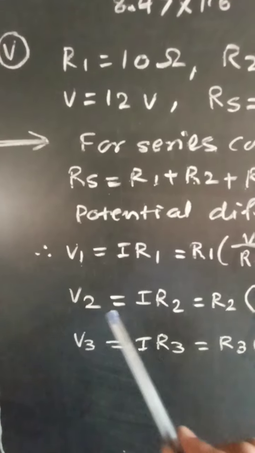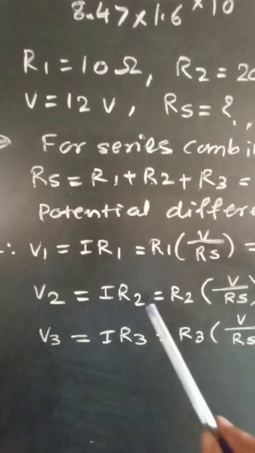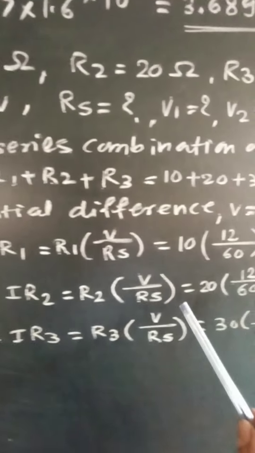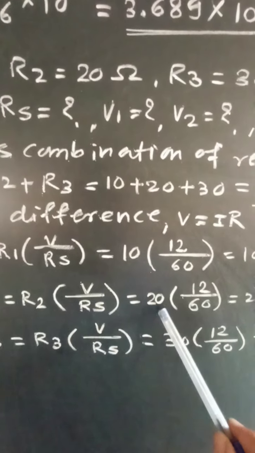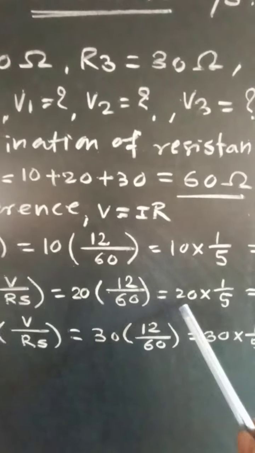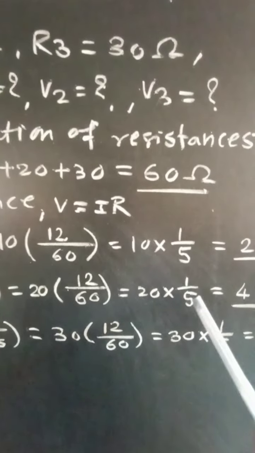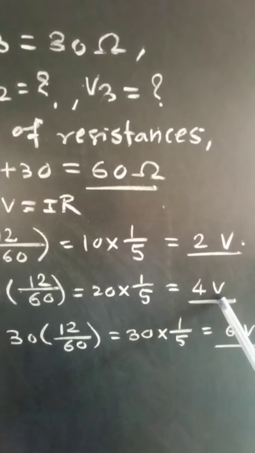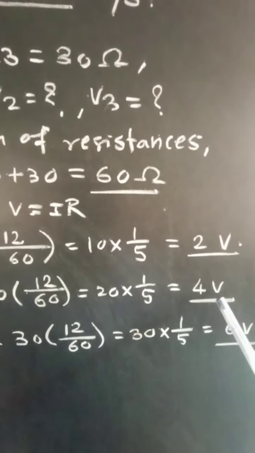Similarly, phi2 will be equal to IR2, that is equal to R2 into V by Rs, that will be equal to, putting the values, 20 into 12 upon 60, again it will be equal to 20 into 1 by 5, which comes out to be 4 volt. So this will be the potential across R2.